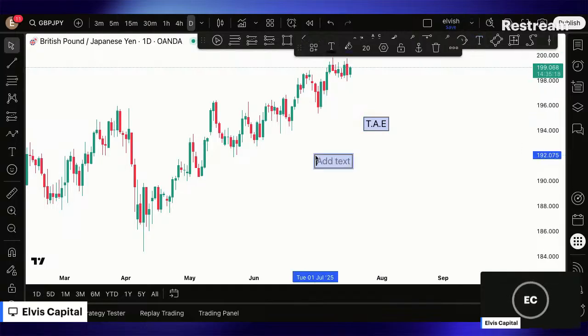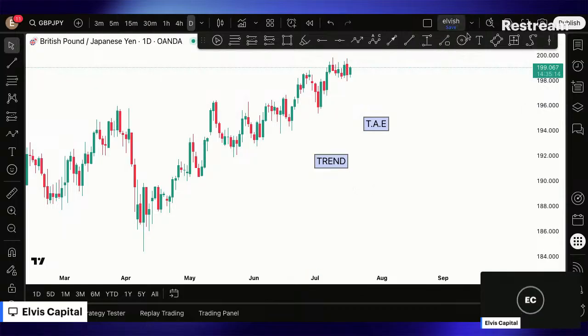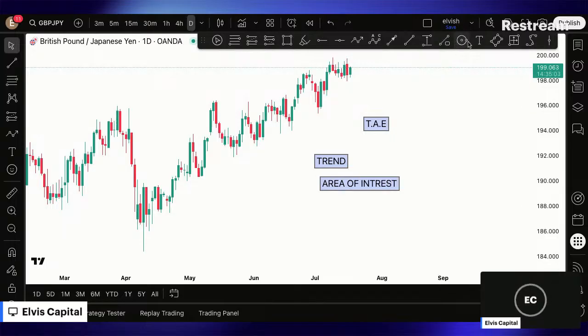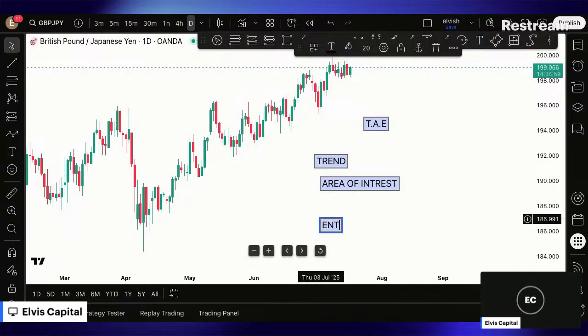So first thing is the trend. The second thing is the area of interest, and then the third thing is the entries.